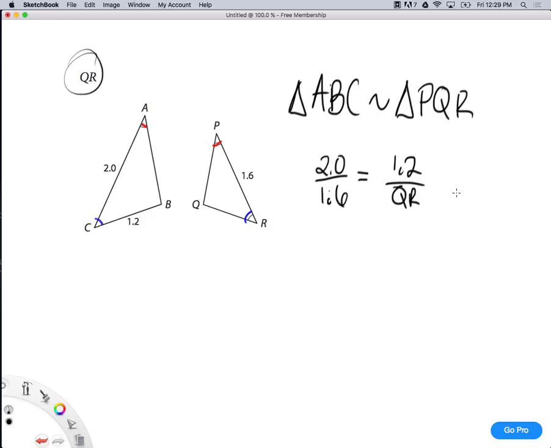See this? Now, people often say, how do I know which triangle goes on top and which is on the bottom? Well, it doesn't matter as long as you're consistent. So in this case, I put the triangle on the left, 2 and 1.2 on the top, and the triangle on the right, 1.6 and QR on the bottom.